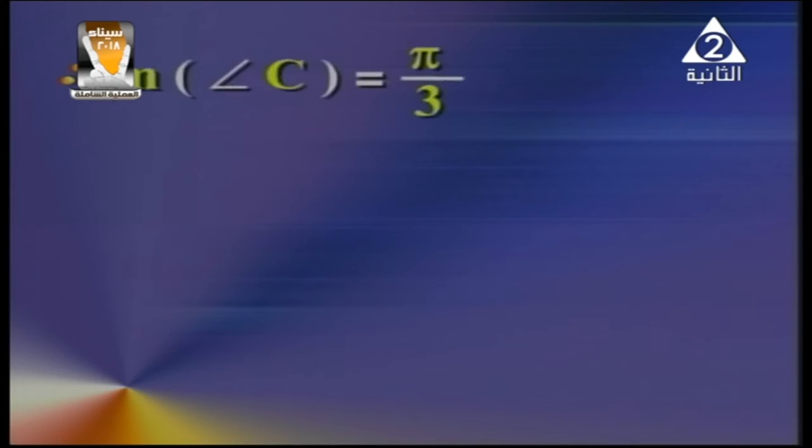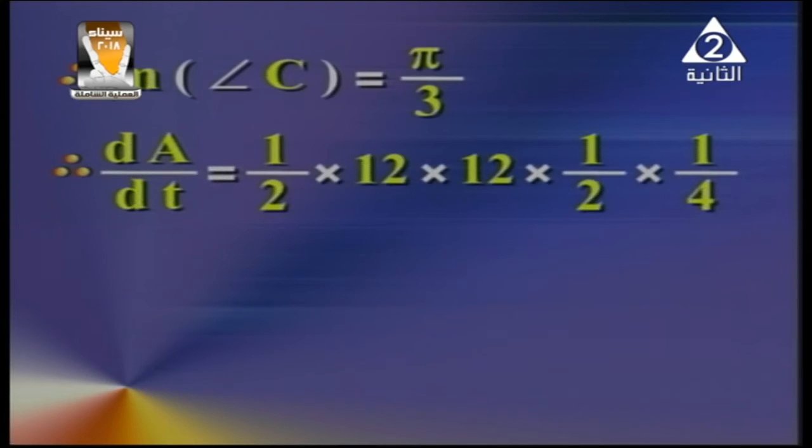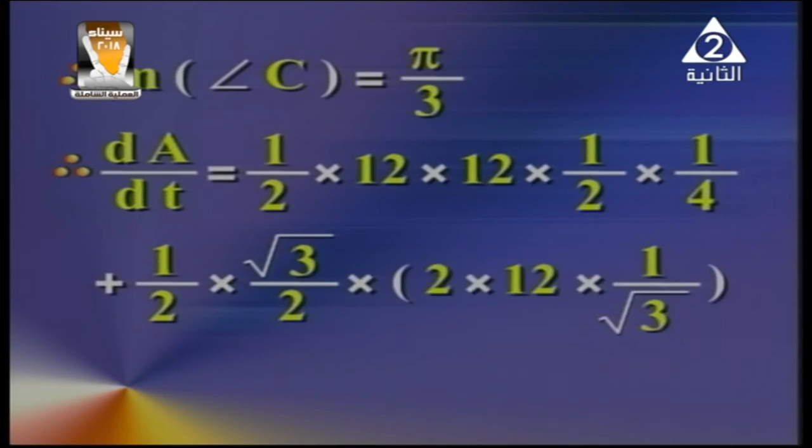Then the measure of angle C equals 60 degrees equals pi/3. Therefore, dA/dt equals 1/2 times 12 times 12 times a quarter, by substitution, plus half times root 3 over 2 times (2 times 12 times 1 over root 3), which equals 15 square centimeters per second. This is the rate of change of the area with respect to time t when the triangle becomes equilateral.